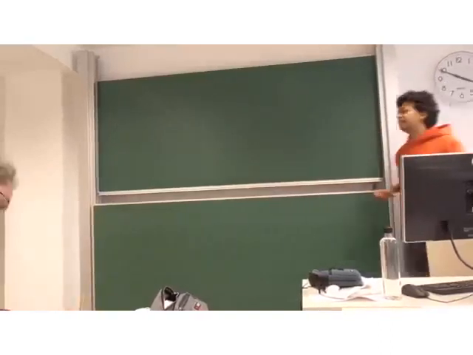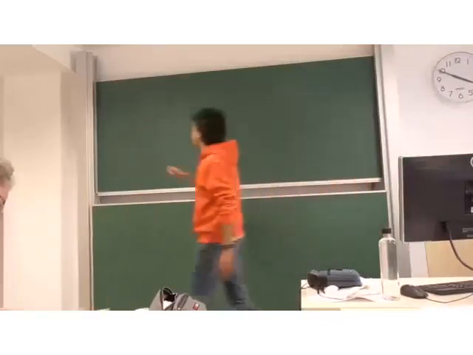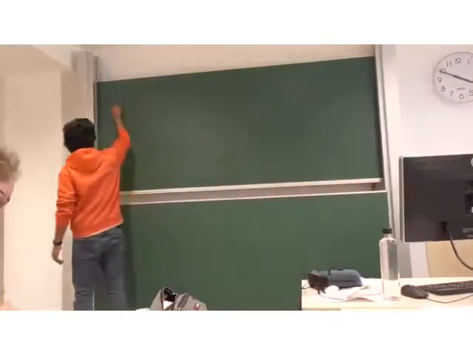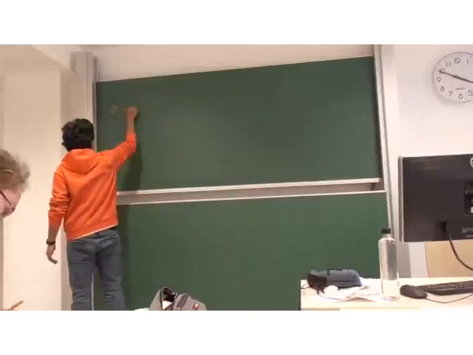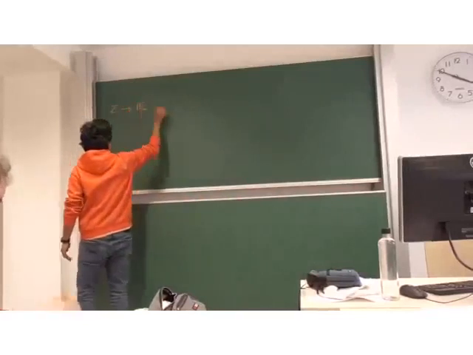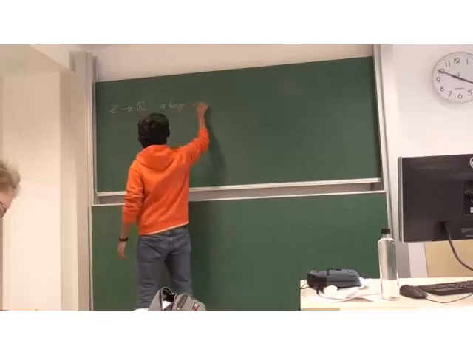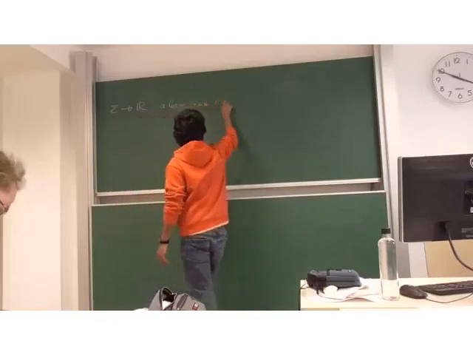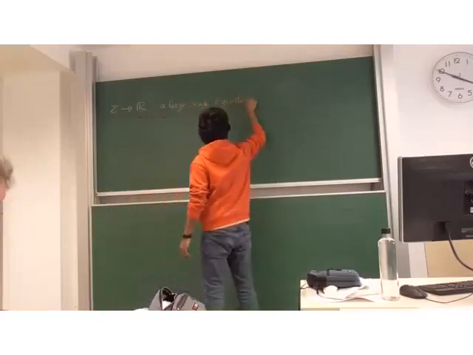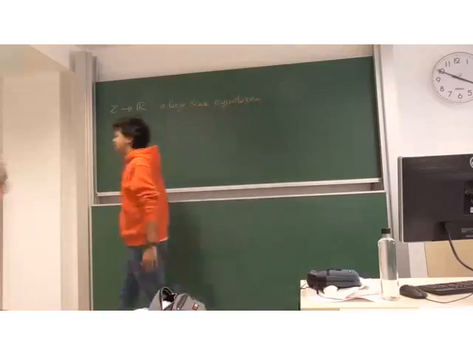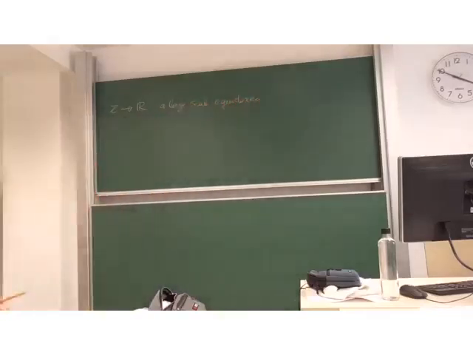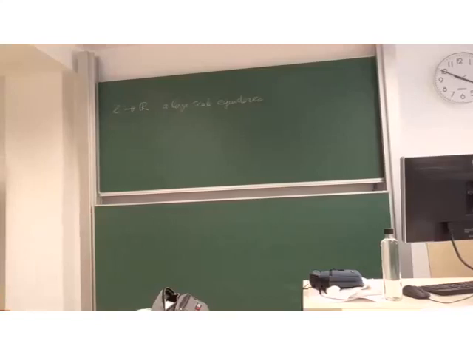Our example, the only example that we worked on, we said that this is a large scale equivalence. These two things look the very same when you see them from far away.